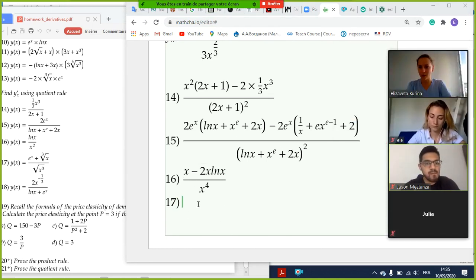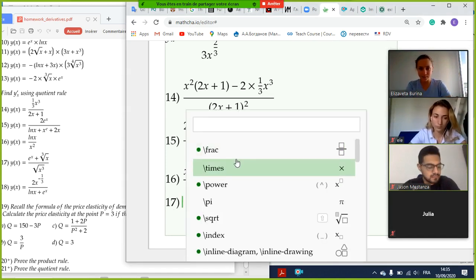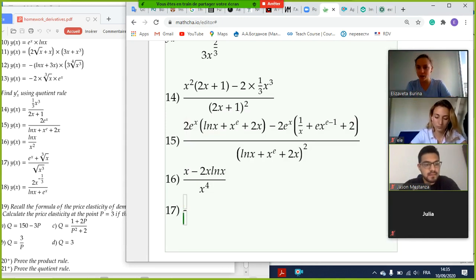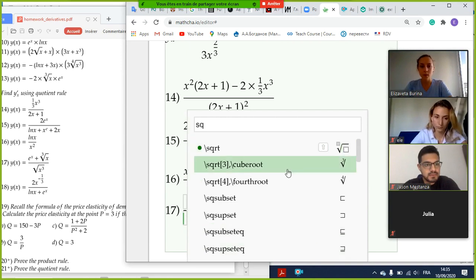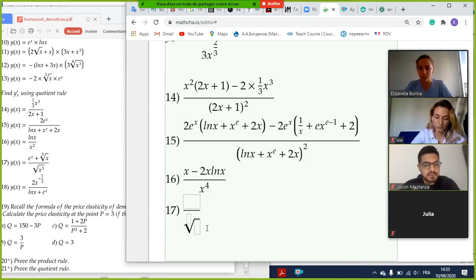Number 17. Okay, number 17 is also not that bad. Ending up with a fraction, and here we're gonna have a square root cubed of x squared. Again, a nice example of how exponents work.